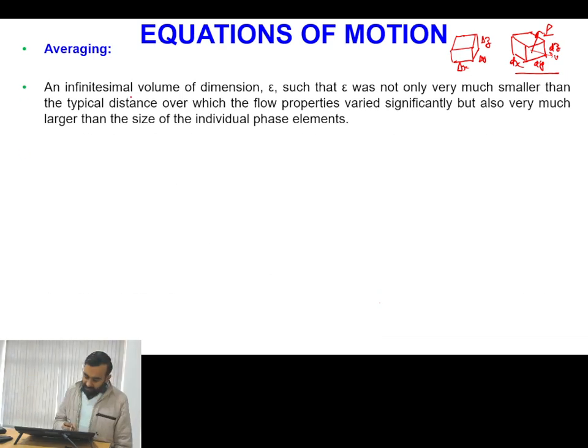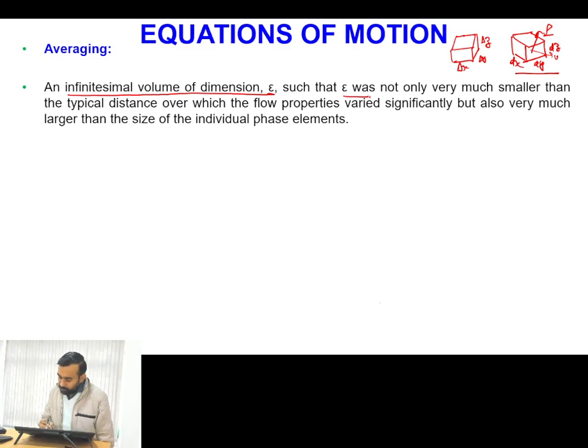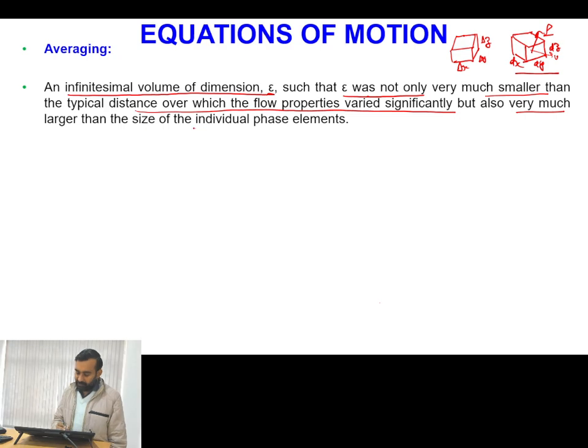First assumption is that we have to use infinitesimal volume of dimension epsilon, but this epsilon should be very much smaller than the typical distances over which the flow properties vary significantly, but also very much larger than the size of individual phase elements.